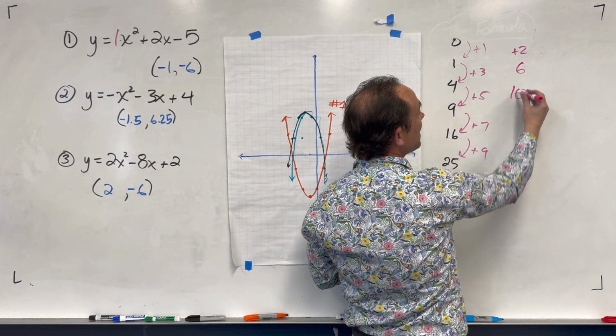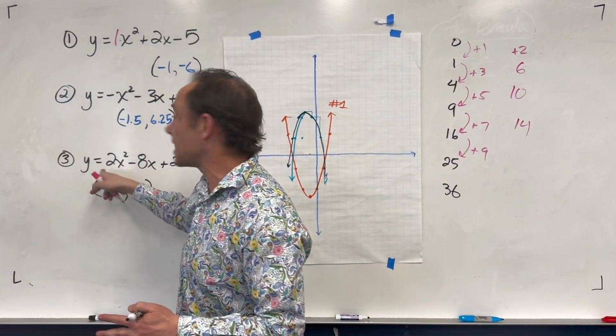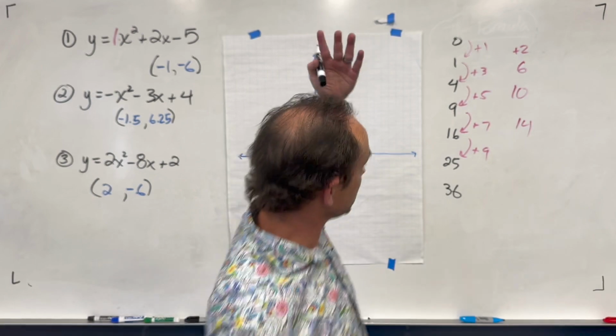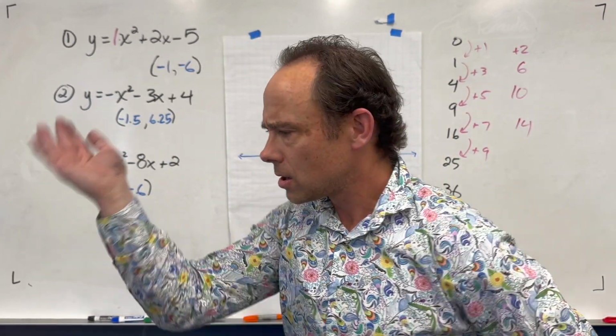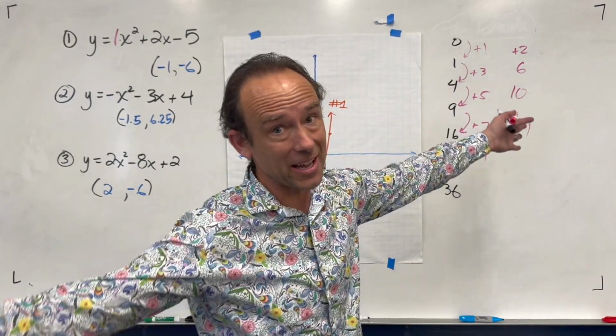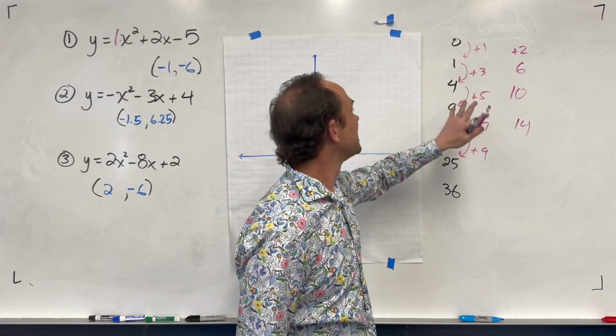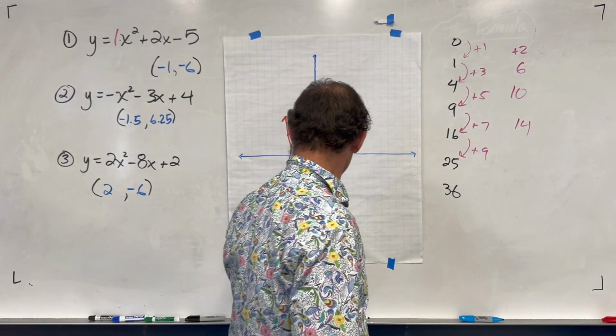Instead of going up 5, we're going up 10. We're just doubling this pattern when a is 2. If a were 3, we triple it. If a was a half, we cut it in half. And we'd be sitting with a lot of decimals, right? It'd be 0.5, 1.5, 2.5, 3.5.